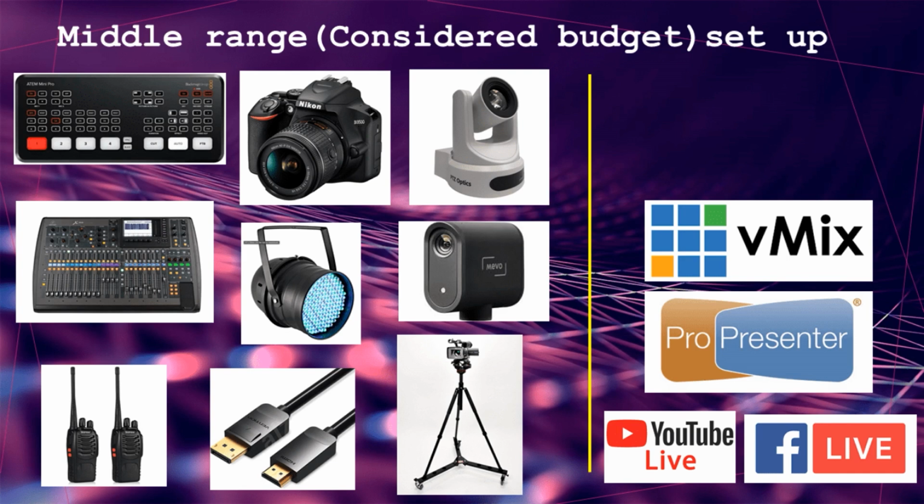So one application that I would have in the middle range, if you're thinking about this, would be taking a couple of cameras, maybe DSLR cameras like in that picture, or camcorders, or even a PTZ camera like that one, HDMI out into this ATEM Mini.